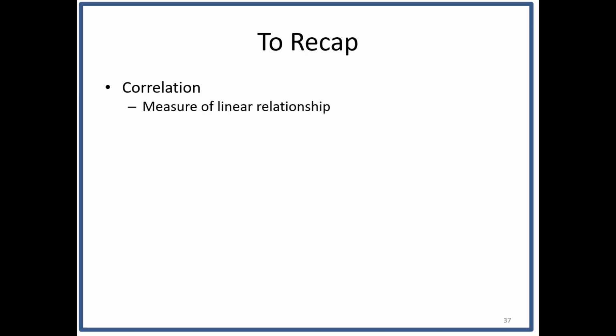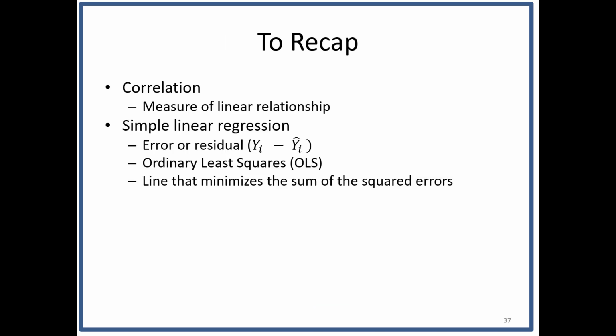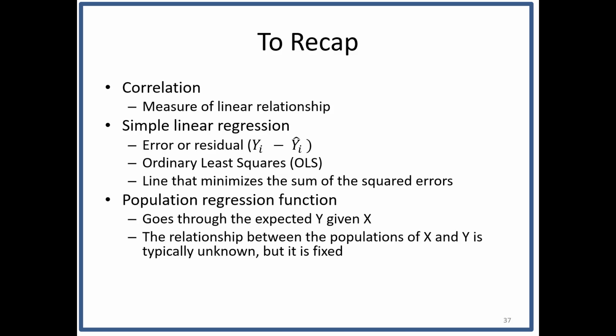So to recap, we have correlation, which is a measure of linear relationship. We have simple linear regression, and that builds on the error or residual, y i minus y hat i. And we use ordinary least squares to draw the function or the line between x and y, and that line is what minimizes the sum of the squared errors.